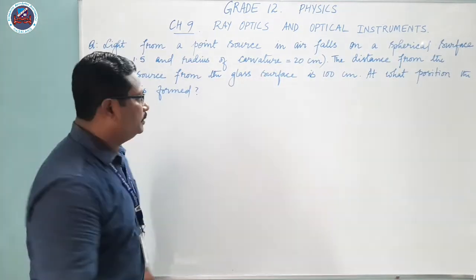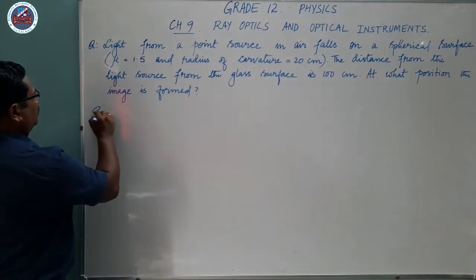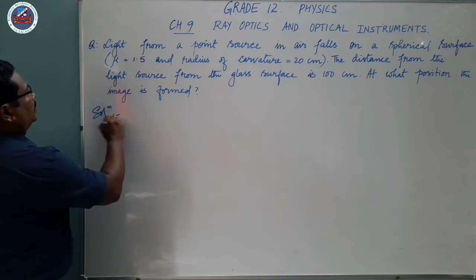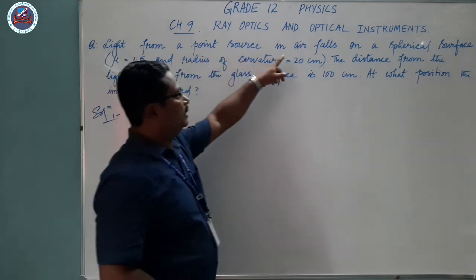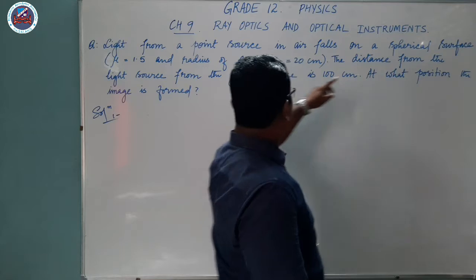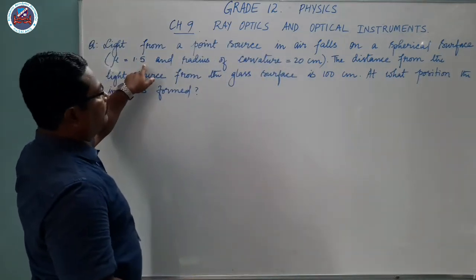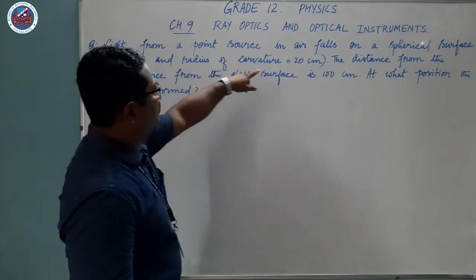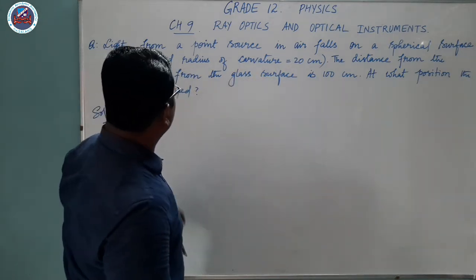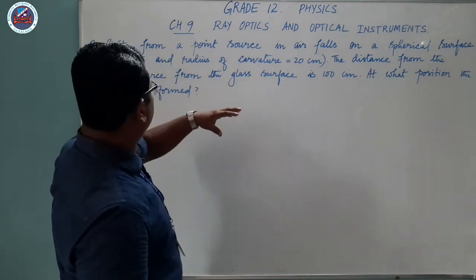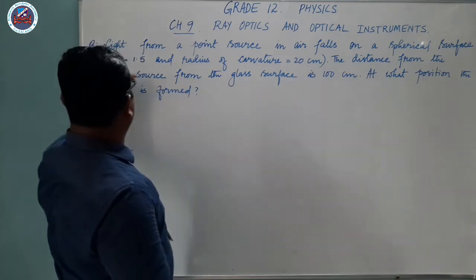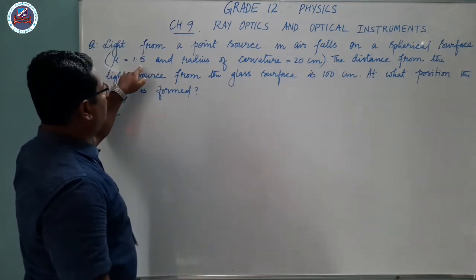Let us solve this question. Light from a point source in air falls on a spherical surface of refractive index 1.5 and radius of curvature 20 centimeter. So the surface on which the light is falling has refractive index 1.5.